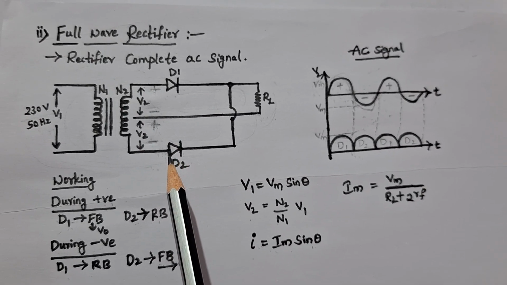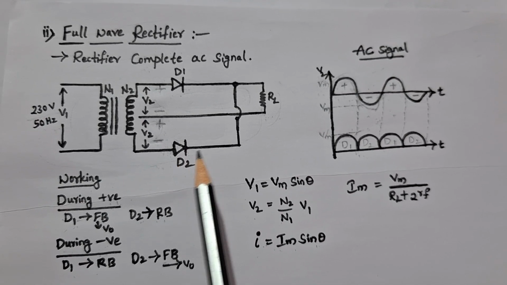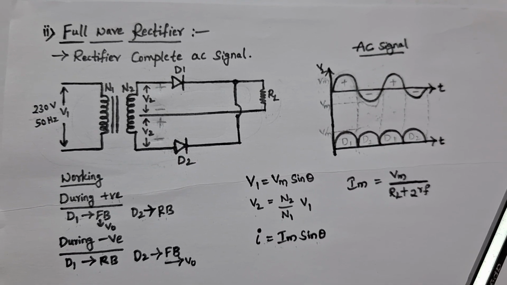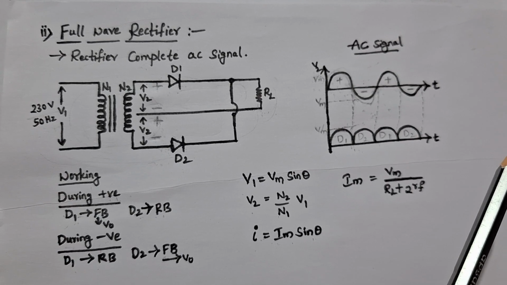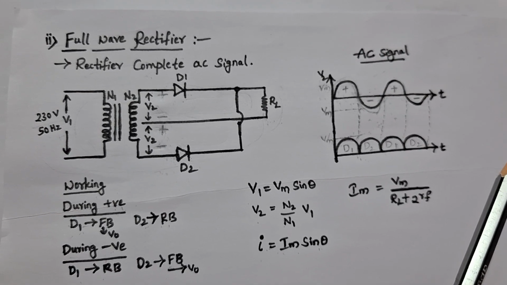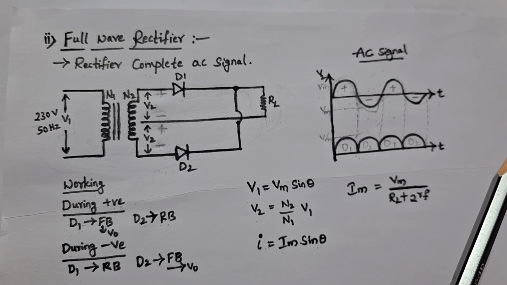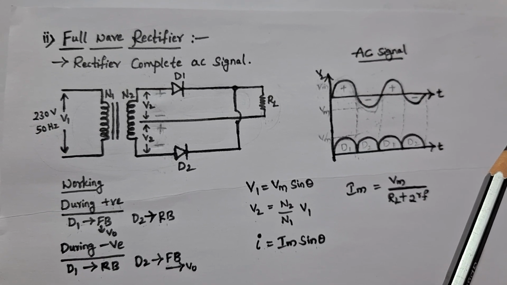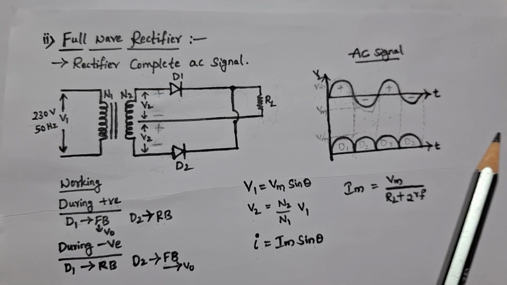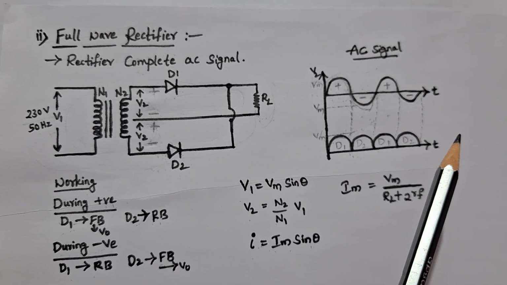In the first case, during the positive half of the input cycle, what will be the behavior of the circuit, and in the second case, during the negative half of the input cycle, what will be the behavior of the circuit. First, let us consider the positive half of the input cycle.